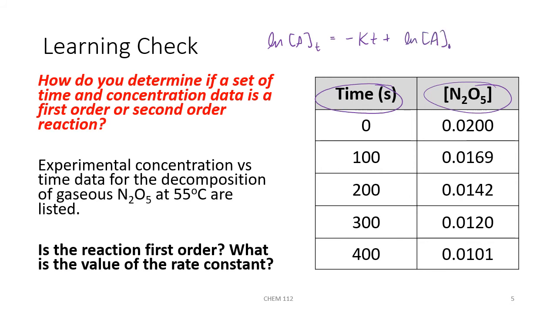That's written in slope-intercept form. So we had y equals mx plus b. In this case, we had to graph on the y-axis the natural log of concentration, and on the x-axis, we had to graph time. So if we're going to answer, is this reaction first order, we first need to take the natural log of all of our concentrations right here.